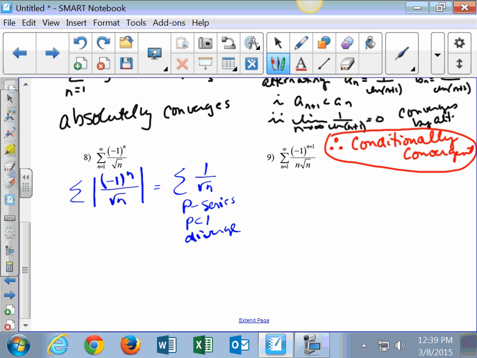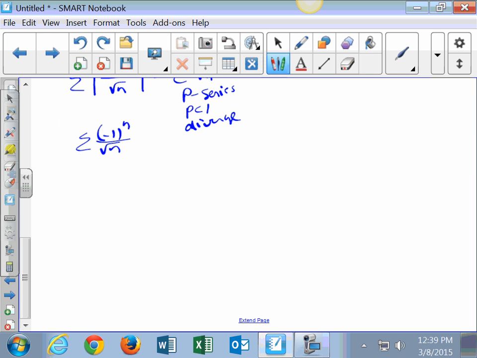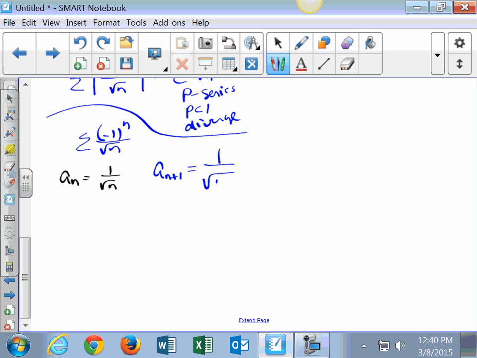Okay? So what I'm going to do next is look at the summation of negative 1 to the nth all over the square root of n. And that is alternating. So comparing this, I would have a sub n be equal to my 1 over radical n. My a sub n plus 1 would be equal to 1 over my square root of n plus 1.